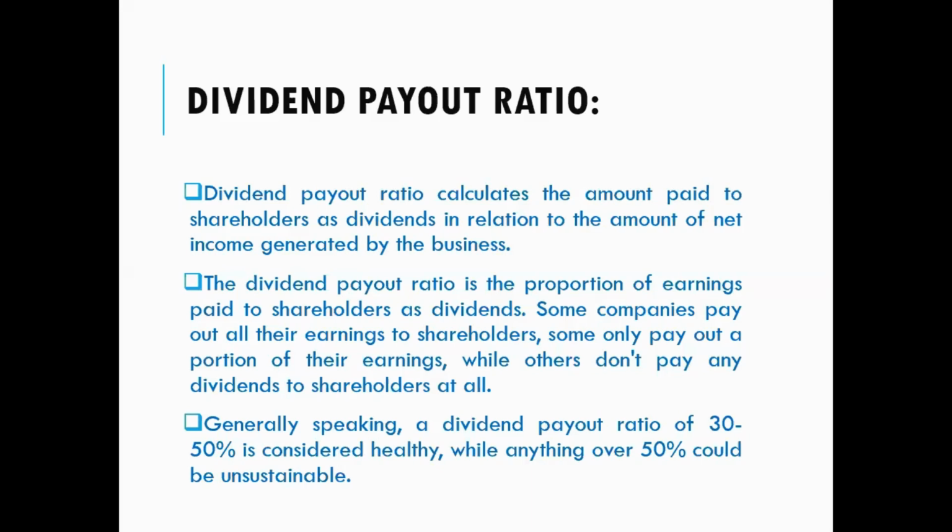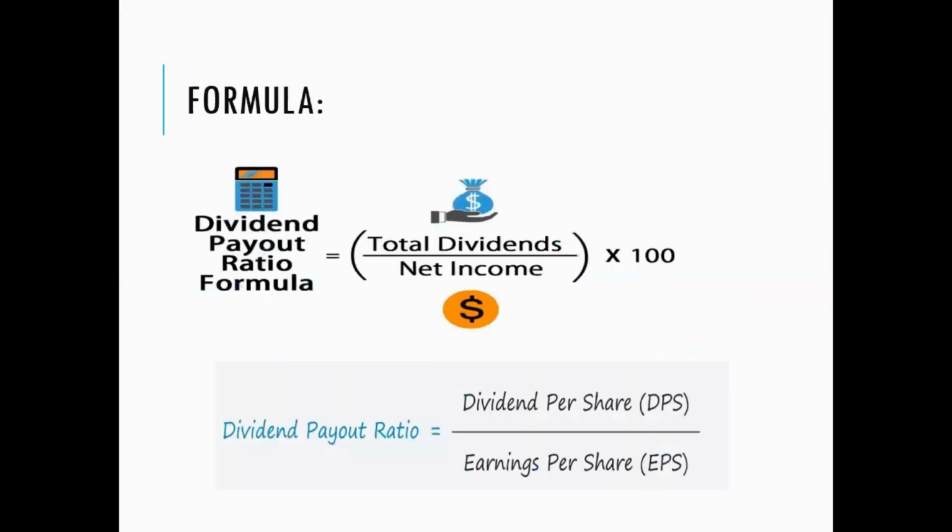Generally speaking, a dividend payout ratio of 30 to 50% is considered healthy, while anything above 50% could be unsustainable.